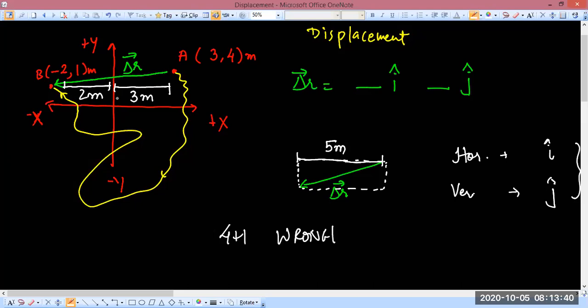Okay, now what about vertical? What do you think is this side of the rectangle? It's coming from 4 to 1. I hope all of you realize that when we draw points, this is 4 meter, but this is only 1 meter, correct?